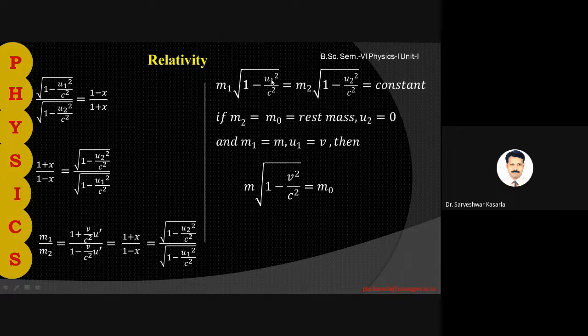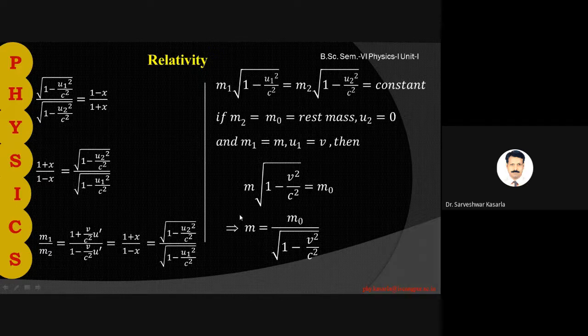What will happen? So that will be equal to m into under root of 1 minus v square by c square is equal to m0. Because when you put this 0 here, under root of 1 minus 0 by c square becomes 1 only. So the expression becomes like this. And therefore we can write that m is equal to m0 upon under root of 1 minus v square by c square, where m is the relativistic mass and this is the rest mass.